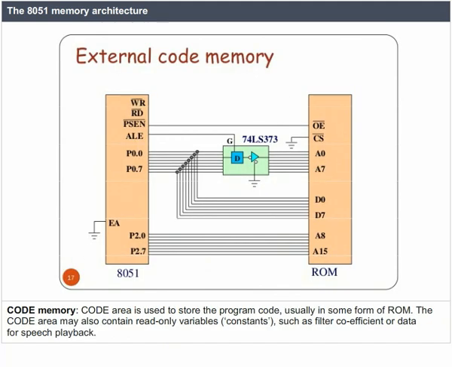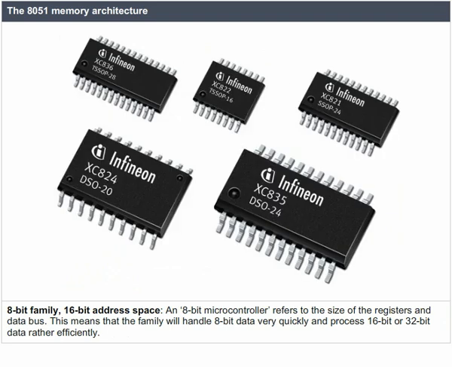Code memory. The code area is used to store the program code, usually in some form of ROM. The code area may also contain read-only variables, constants, such as filter coefficients or data for speech playback. 8-bit family, 16-bit address space.